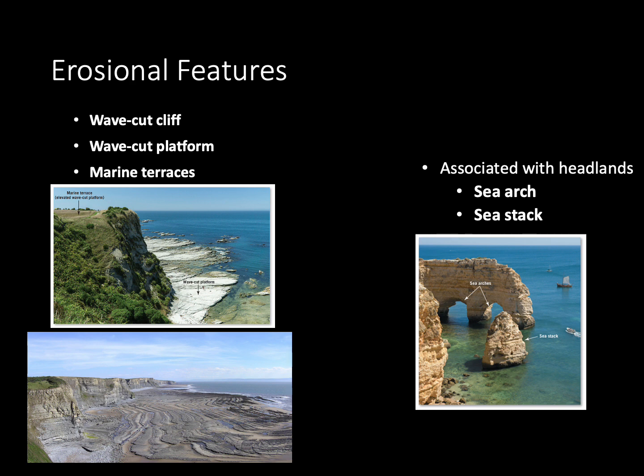And it can create a sea stack, which is just going to be a stack of rocks by themselves in the water, or it can create sea arches. The waves can erode away arch ways, kind of like hallways into the rock, leading to these sea arches. But everything on this slide is an erosional feature, where the waves are eroding the sediment and rocks along the shoreline.